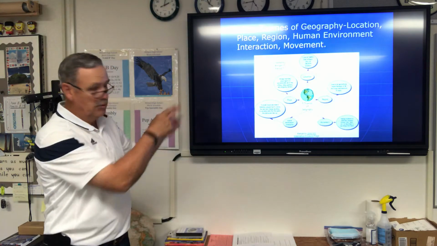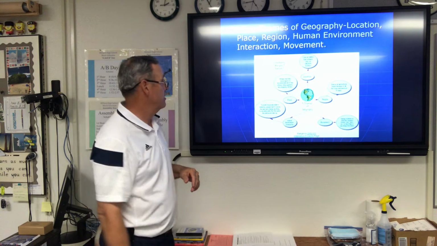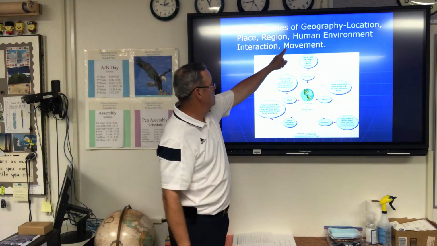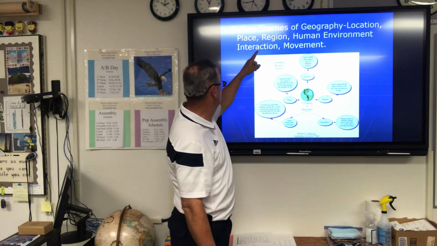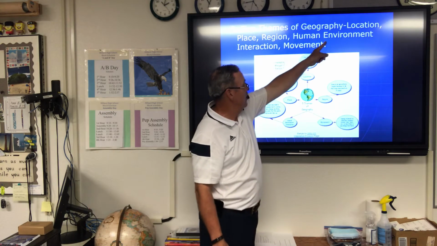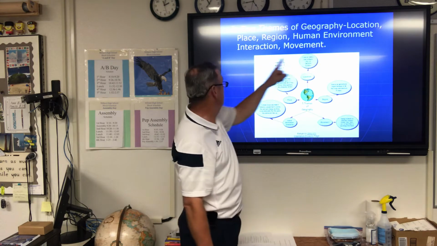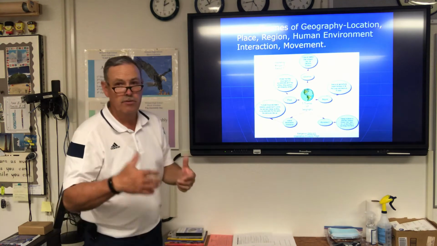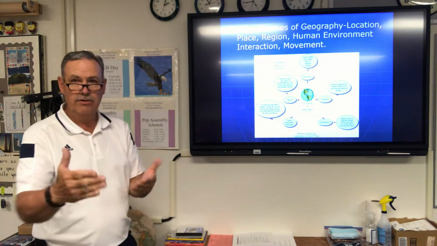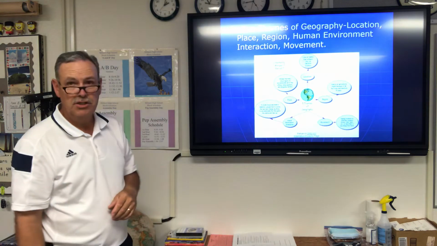Movement, region is Mr. Human environment, that's H-E. Location, L, and place, the P, for Mr. Help. So if you remember that, as you're trying to get through that list to identify those 5 themes, that might help you. Mr. Help.